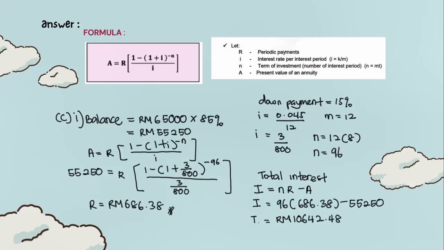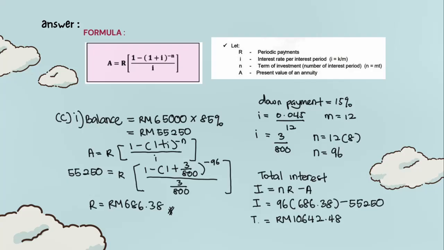After we calculate the balance, we use the formula A equal to R times 1 minus (1 plus i)^-n, divided by i. So, A is 55,250 equals R times 1 minus (1 plus 3 over 800)^-96, divided by 3 over 800. R equals 686 ringgit 38 cents.